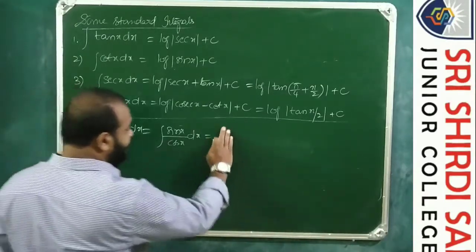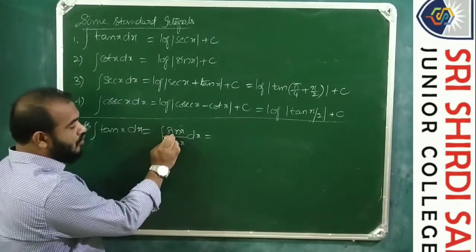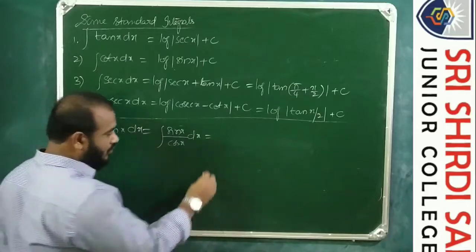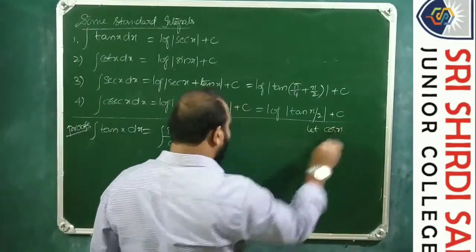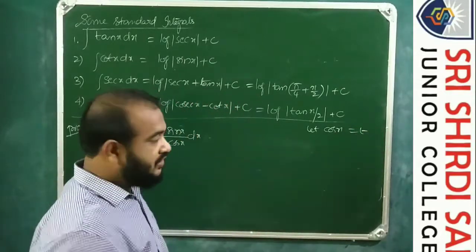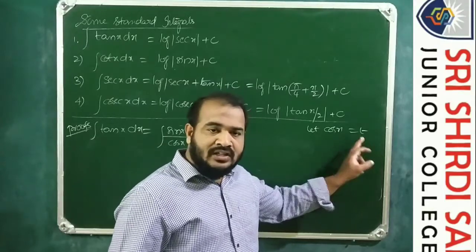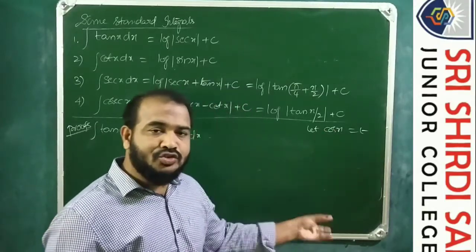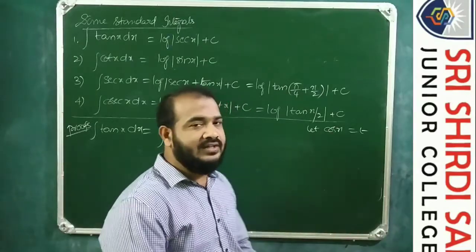So here cos x derivative is minus sin x. So let cos x is equals to, I'll take it as t. Now differentiation. Whenever we go for the substitution, the immediate thing that should spring to our mind is to differentiate.